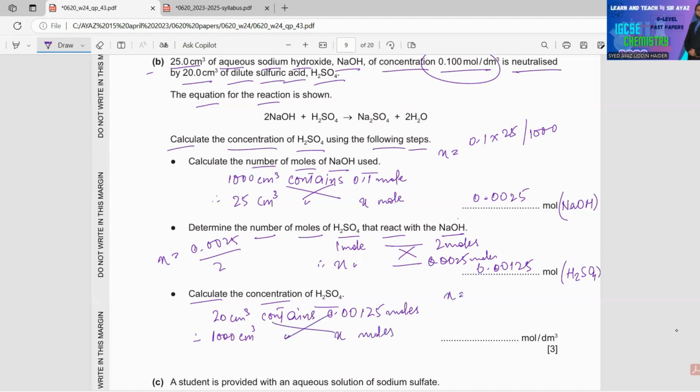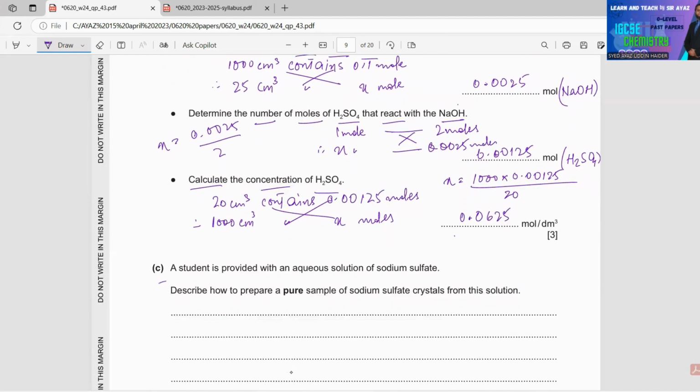You will get X is equal to 1000 multiplied by 0.00125 and divided by 20. So we will get what? 1000 multiplied by 0.00125 divided by 20 is 0.0625.